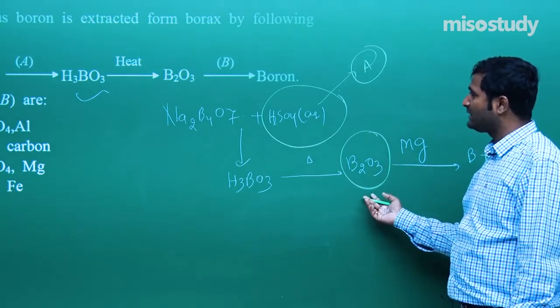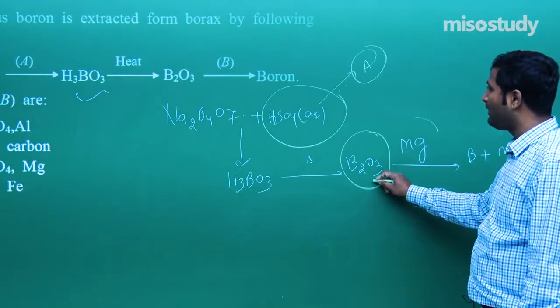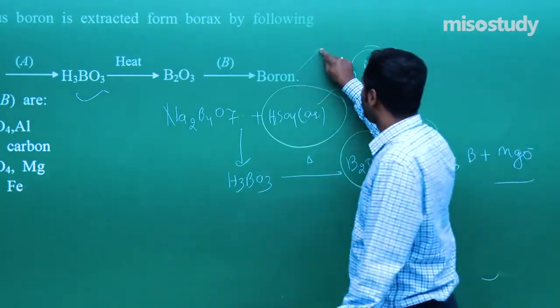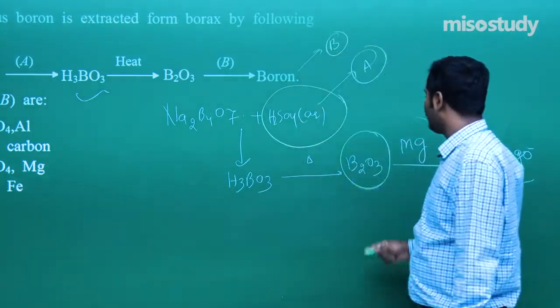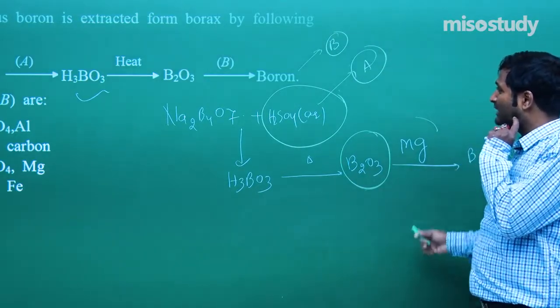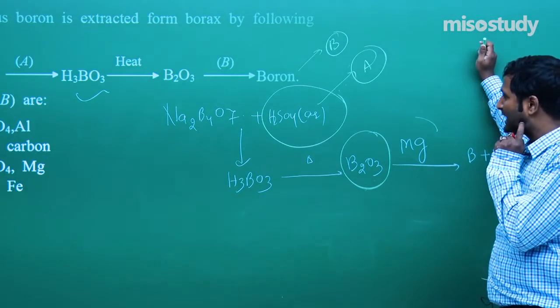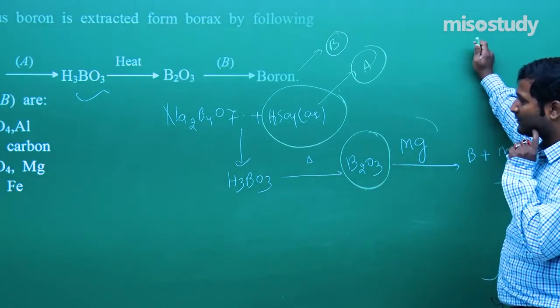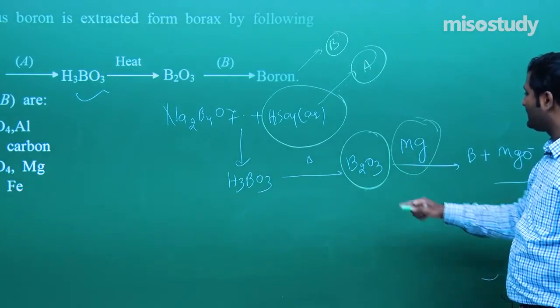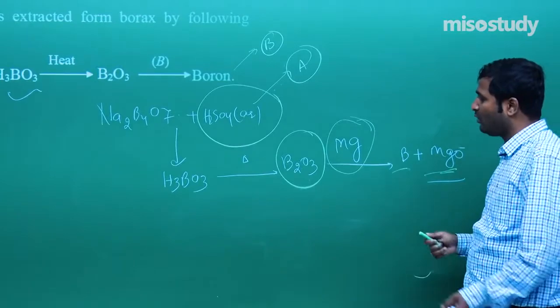If B2O3 is the main product, then on treatment with Mg we need to remove oxygen because we are getting boron. Removal of oxygen is known as reduction. So we need a stronger agent than boron. If you use magnesium, magnesium will take oxygen from here, forming magnesium oxide and giving boron.